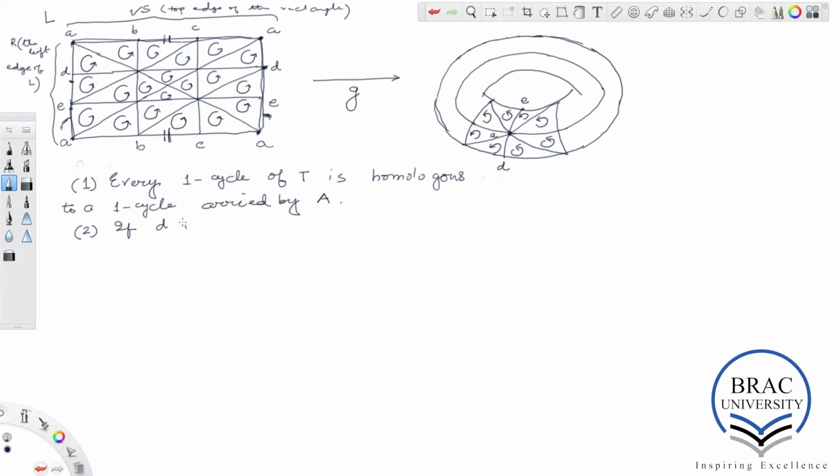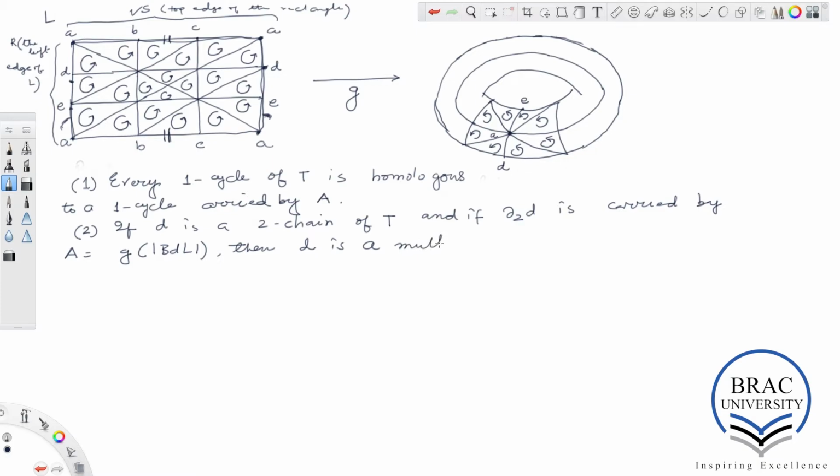If D is a two chain of T, and if delta 2D is carried by A equal to G of the boundary of L, then D is a multiple of, we already stated in Theorem 1 what gamma is, right?